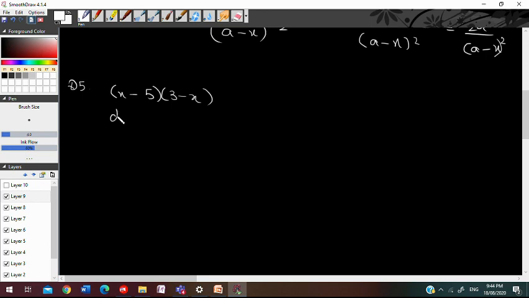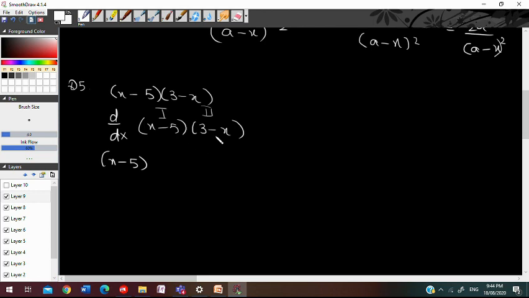So first apply d by dx of (x - 5)(3 - x). Now apply the product rule. What is the product rule? First, we do this: the first function remains the same. This is your first function and this is your second function. The first function remains the same, and it's up to you.